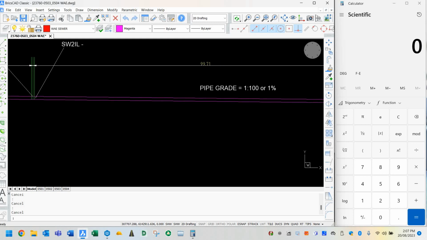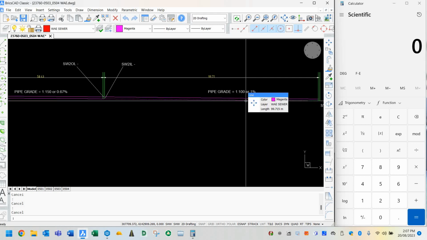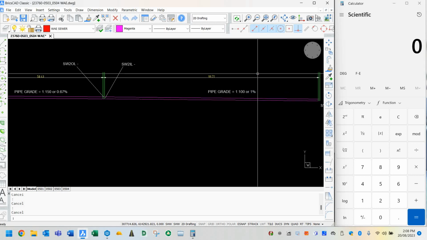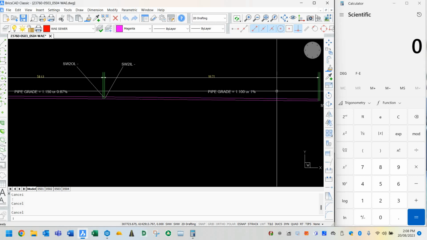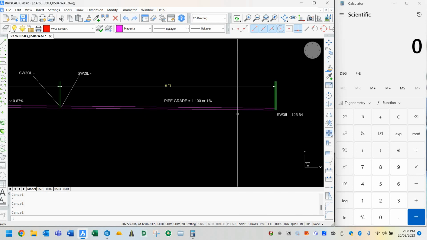With this one, it's the same concept, but it's 1 in 100, so over a 100 meter run, you have a meter of elevation change. That's the concept, so let's get started with these invert level calculations.